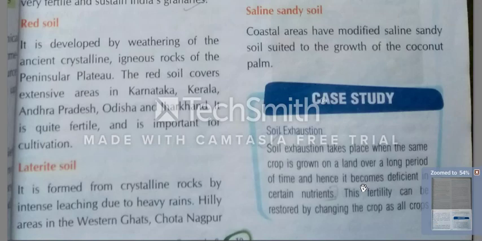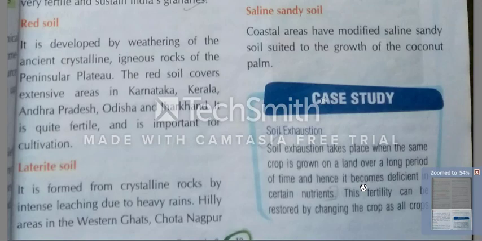When farmers grow the same crop again and again on the same piece of land, it becomes deficient. What is the meaning of deficient? Deficient means deficient in certain nutrients.